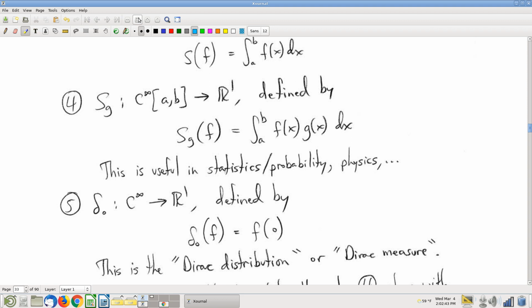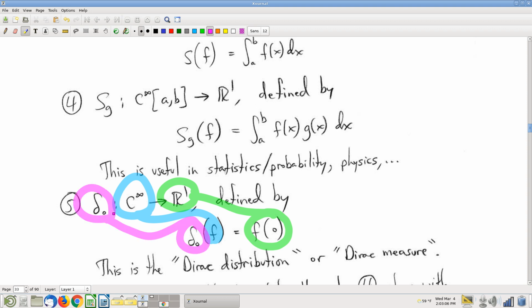So this is kind of a weird one, but if you give me a function, C infinity, not that it needs to be, and you determine an output value by the following odd little formula, just plug in x equals 0. Then what we've got is a sort of operator, right?